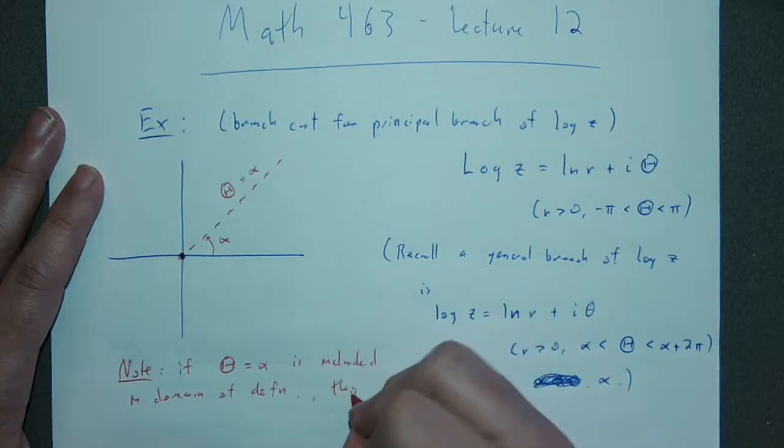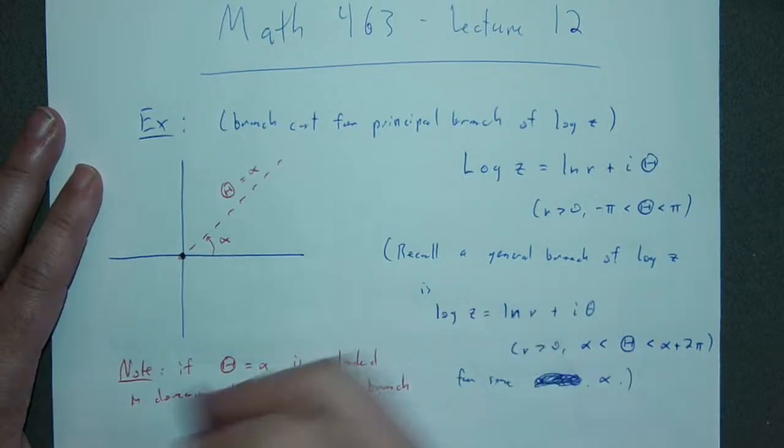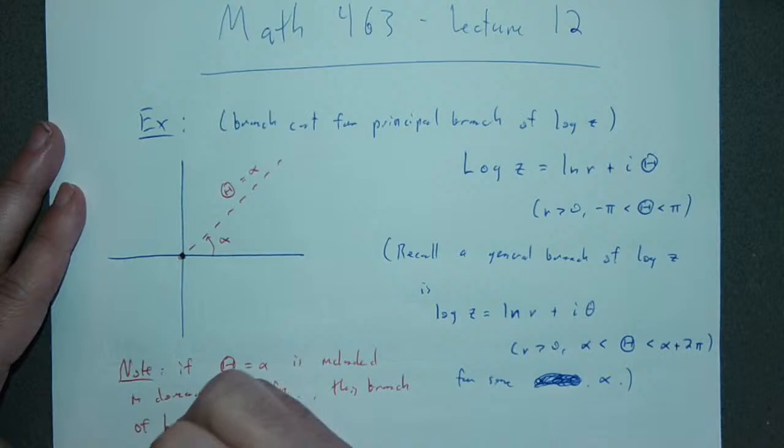This branch of log z would fail to be continuous at those points.